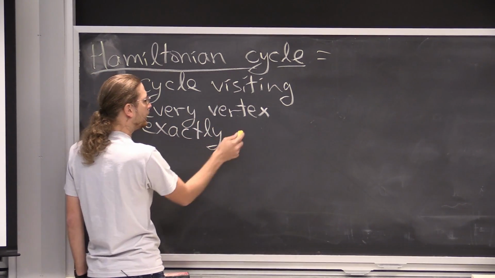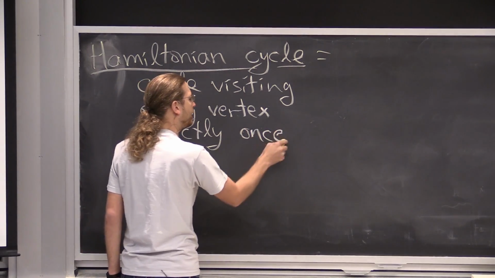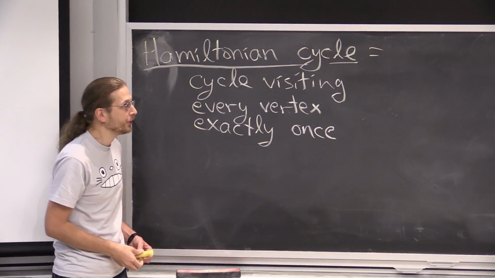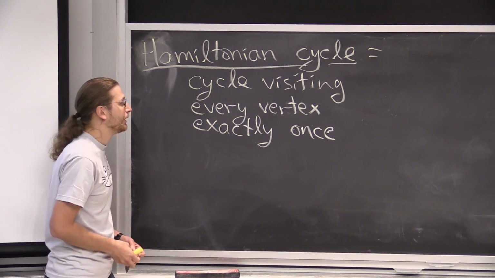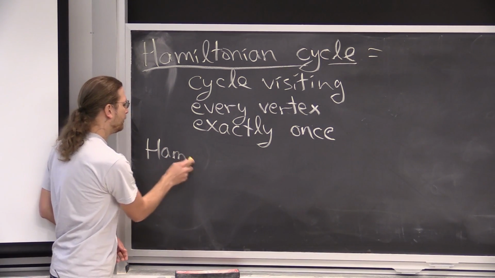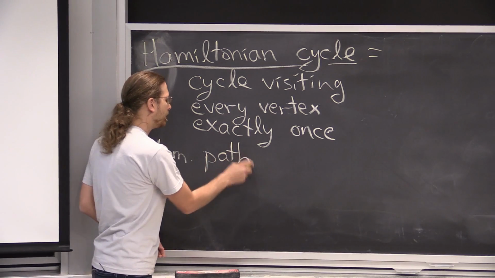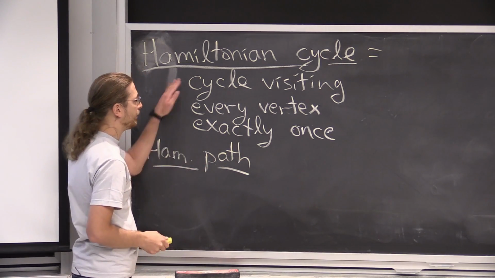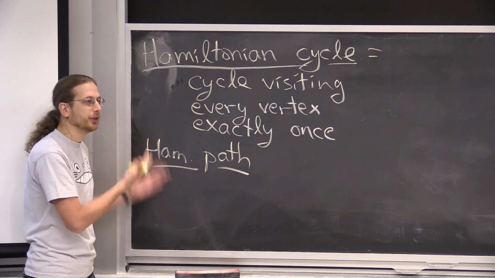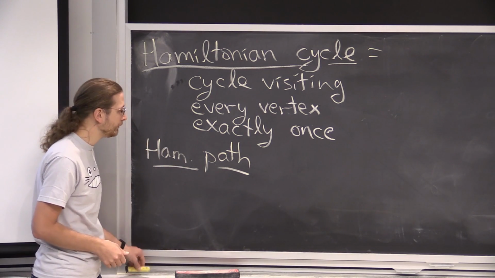And usually, when you talk about a graph being Hamiltonian, you mean that there's a Hamiltonian cycle, also called a Hamiltonian tour or Hamiltonian circuit, all mean the same thing. And then there's Hamiltonian path, another problem we have looked at before. Same thing, but a path that visits every vertex exactly once. These are pretty much the same problem, but different versions are useful in different settings.